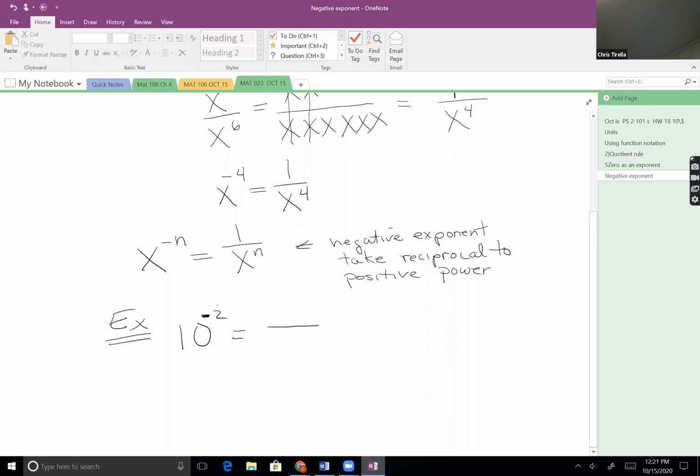That part, that base with the negative power, I'm going to put in the denominator of the fraction. And when I make that move, my exponent becomes positive. And so this is going to be 1 over 10 to the 2nd, or 1 over 100.